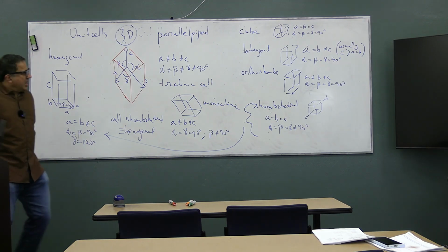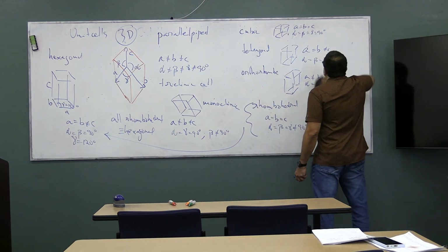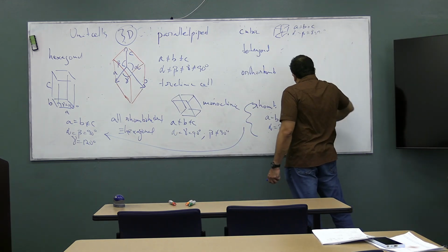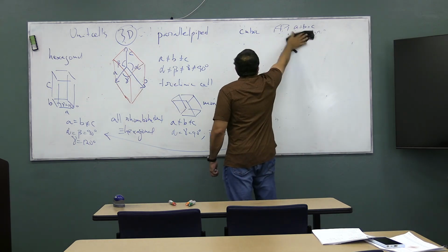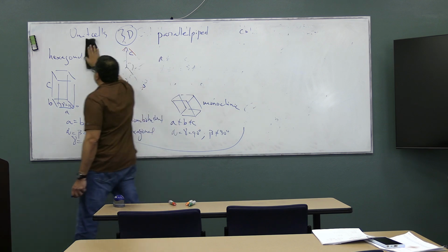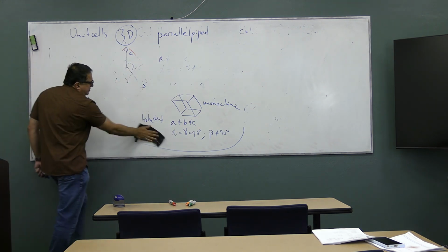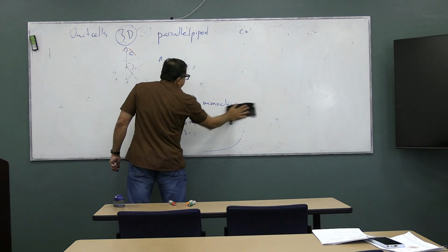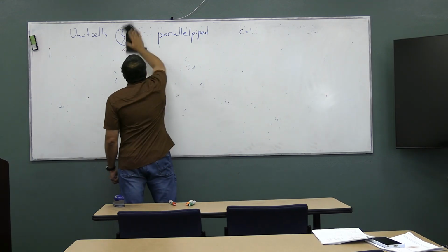I'm going to erase because I'm just going to tell you now that these are the 7 crystal systems. And in addition to the 7 crystal systems, you have centering on some of them. And that gives you the 14 Bravais lattices. Okay? So in crystallography, there is quite a bit of terminology to be learned. But if you've heard the term crystal system, you can hear the term Bravais lattices.